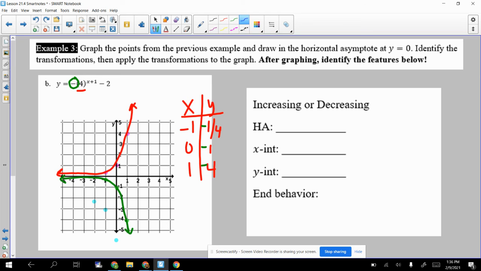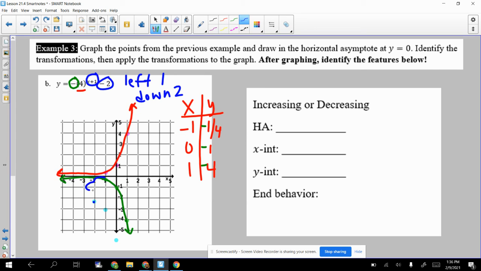And then what I would do last here is move each of those 3 points to the left 1 and down 2. Okay, so it's very important to know your transformations. So that's what I did. I moved it to the left 1, down 2.